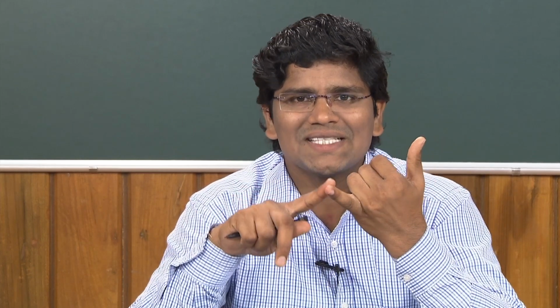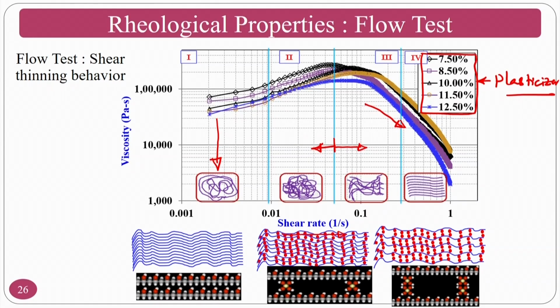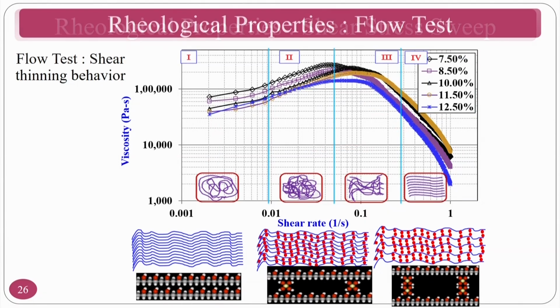That means that you are imparting viscous nature, because the plasticizer, softeners, all these rheological additives dominate viscous characteristics, and the base polymers dominate elastic characteristics and partial viscous nature. That is why the viscosity of the medium will reduce.